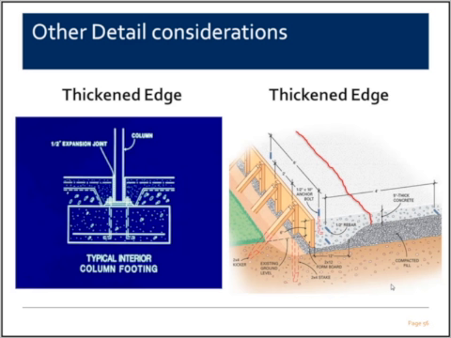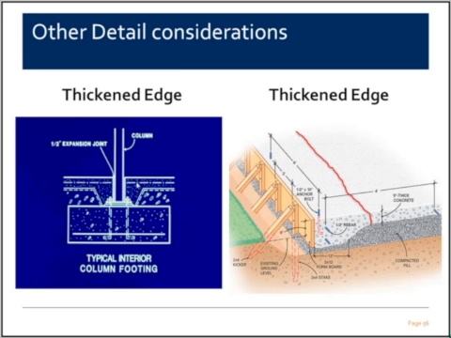Some other design details, and I'm going to go through these quickly. I commonly see these two design details, and I definitely do not recommend either of them. They have thickened edges. The diagram on the left is a thickened edge at a column location, and I commonly see cracks that occur right at the end of this transition of the thickened edge.